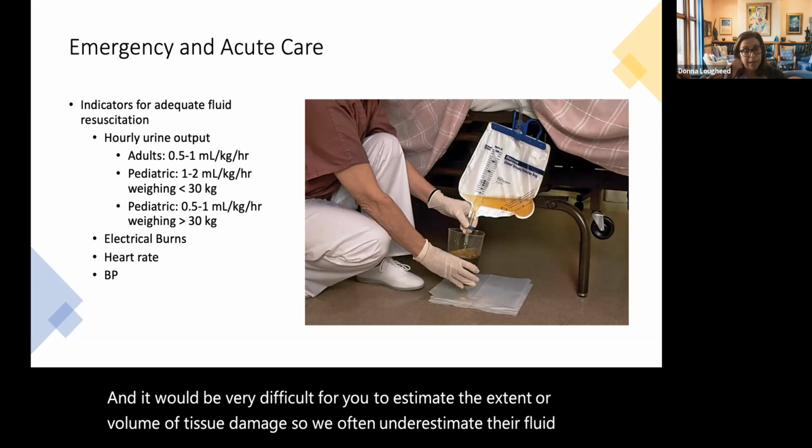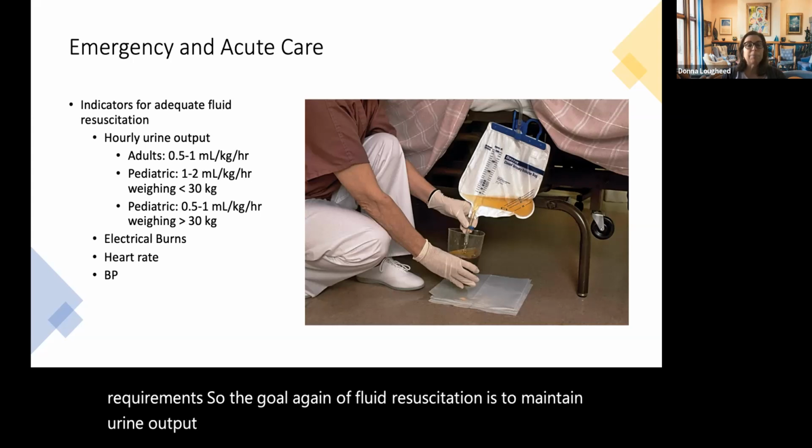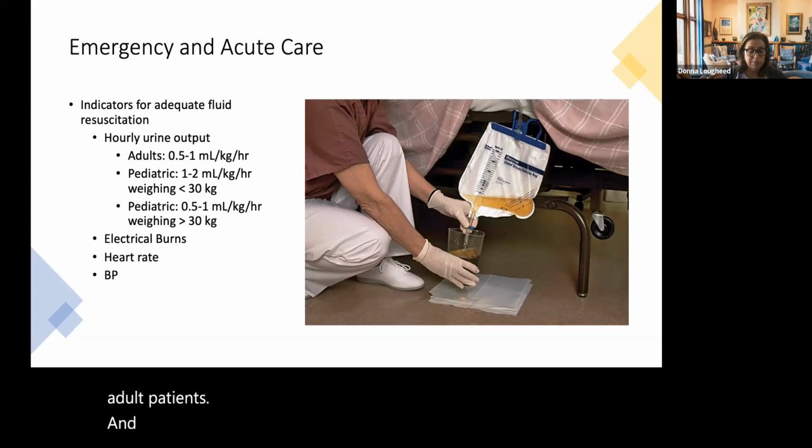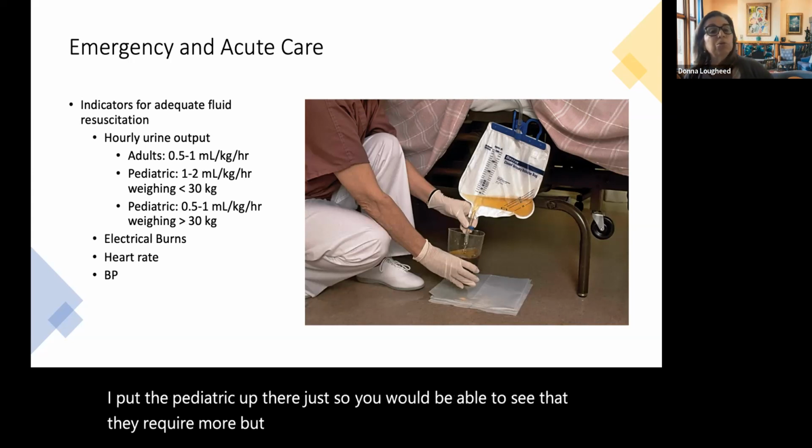So the goal, again, of fluid resuscitation is to maintain urine output at 1 milliliter per kilogram per hour in adult patients and 1.5 milliliters per kilogram per hour in pediatric. I put the pediatric up there just so you would be able to see that they require more, but I don't need you to memorize what a pediatric patient needs.